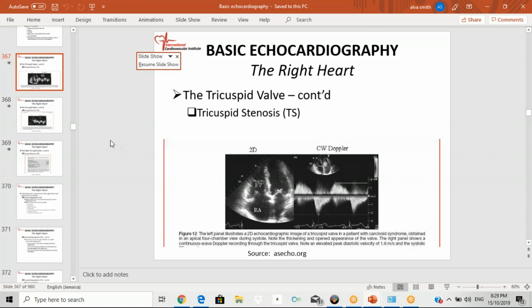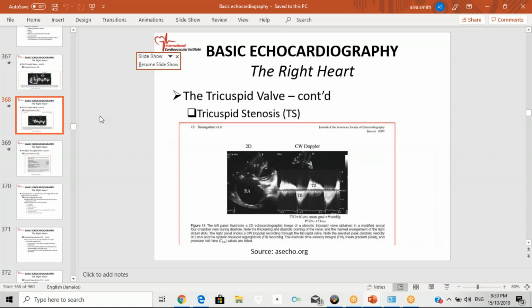Okay, so carcinoid is one of the big things right there. Again, the TR Doppler signal and the tricuspid stenosis signal right there.